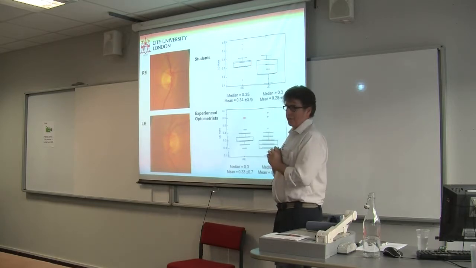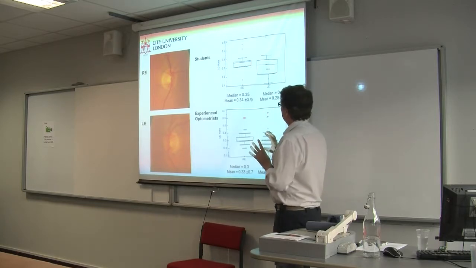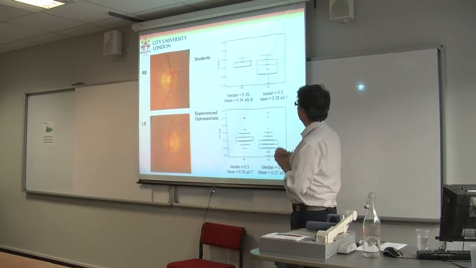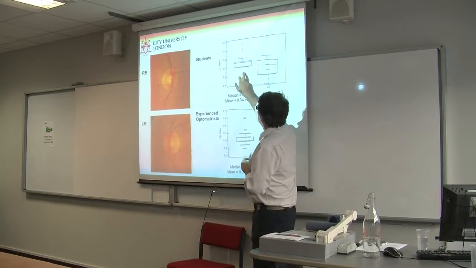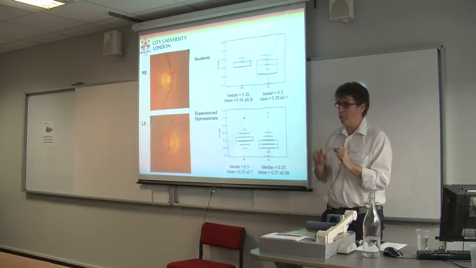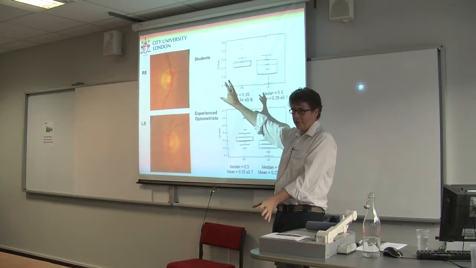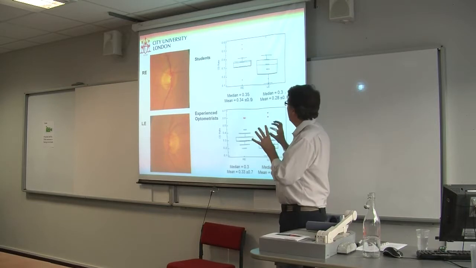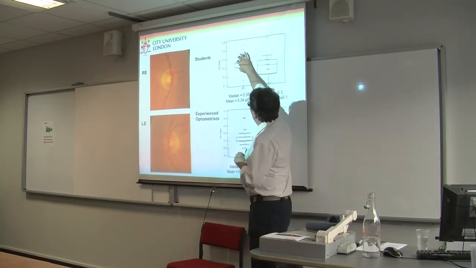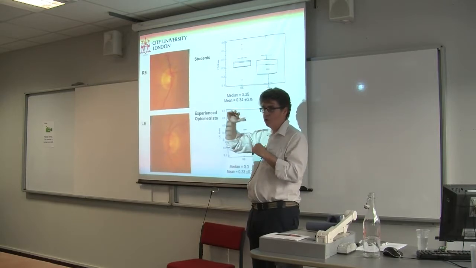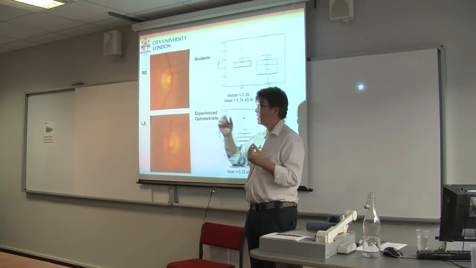So, complicated graphs, it's all the data presented. These are the students and these are the experienced optometrists. These values up here and down here are considered to be outliers; the computer program recognizes those as falling way outside of the peer group. The box more or less represents the middle 50%. So the broader the box, the greater the variability.